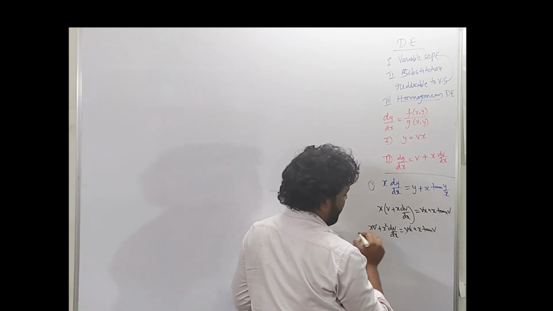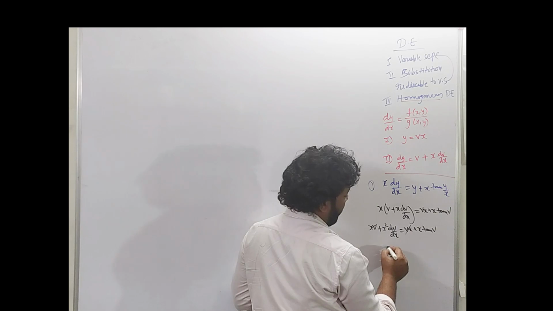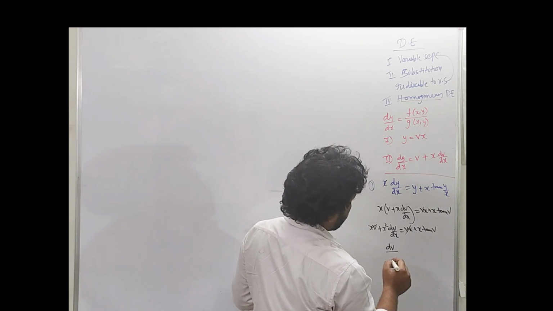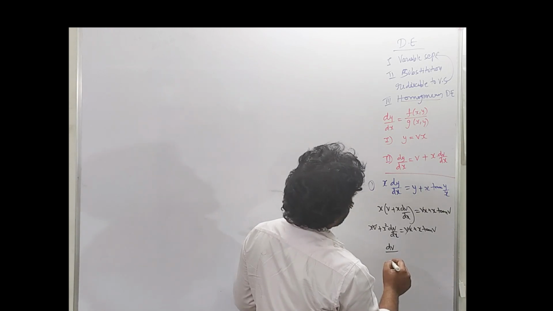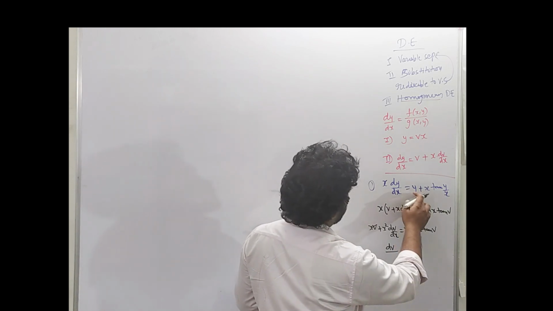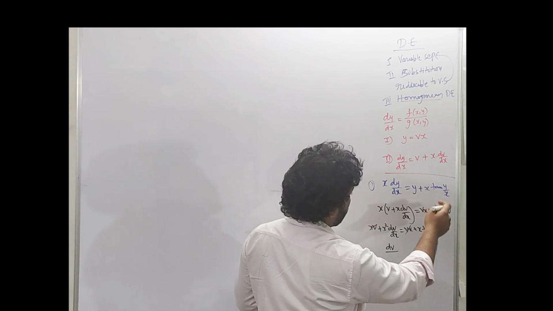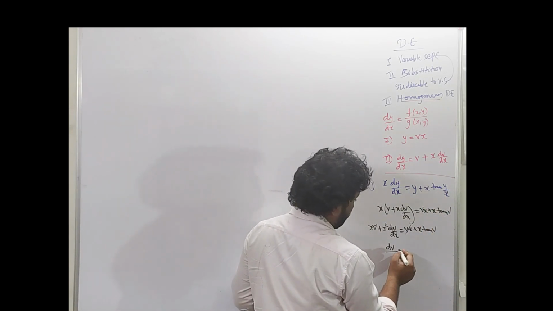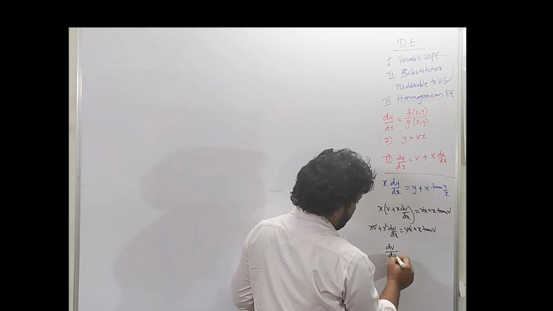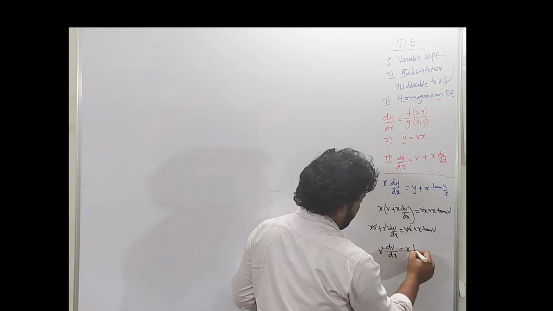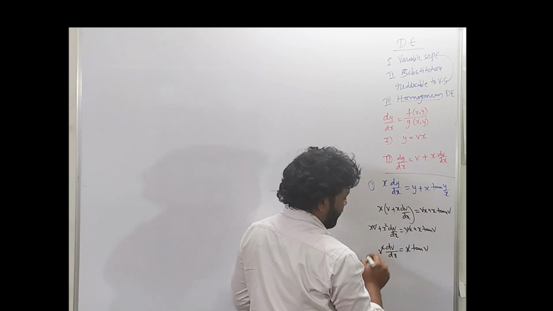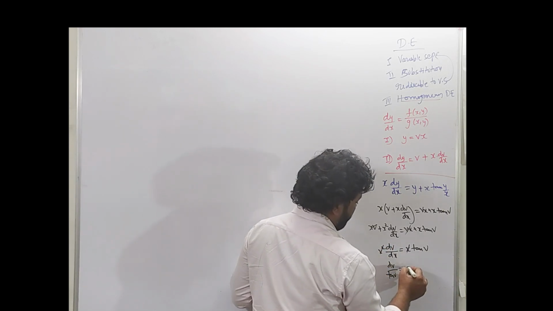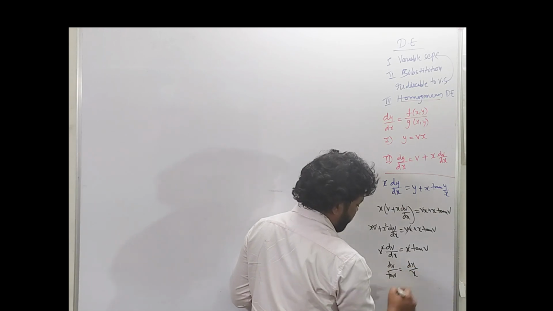So here vx gets cancelled, and then rearranging, v plus x dv by dx equals v plus tan v, so x dv by dx equals tan v. X gets cancelled once again, so dv by tan v is equal to dx by x.